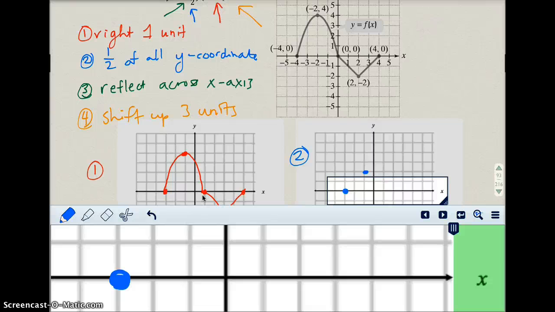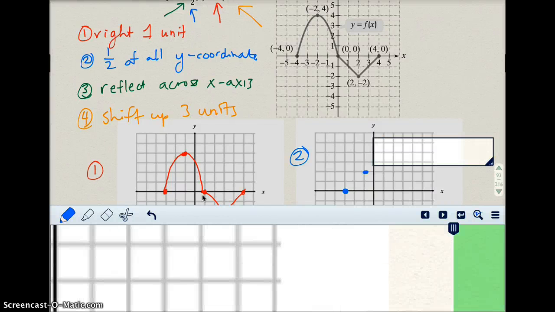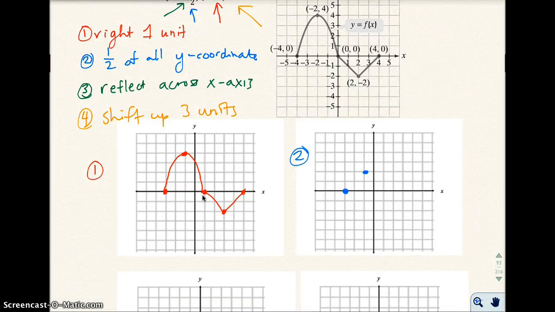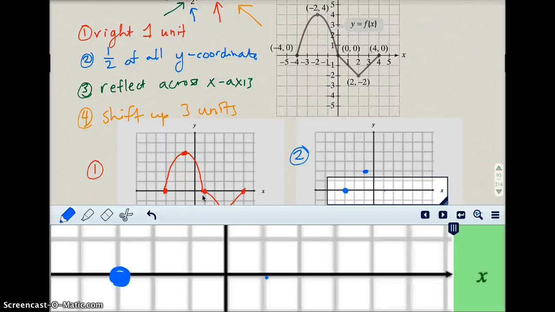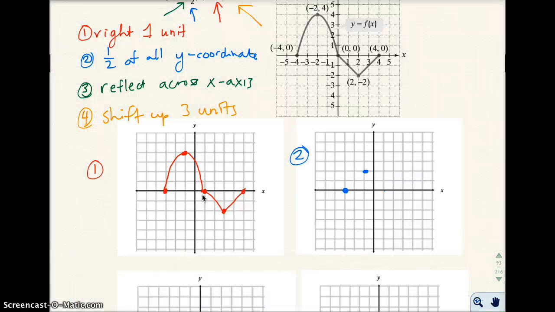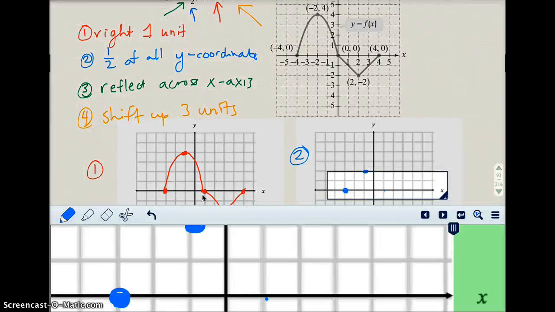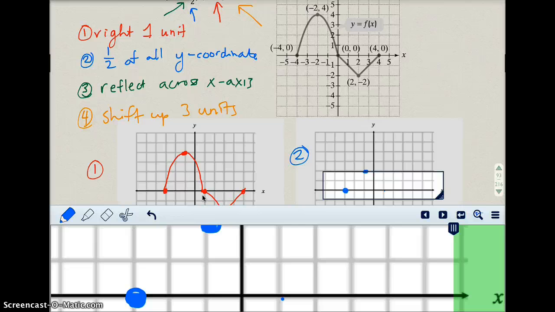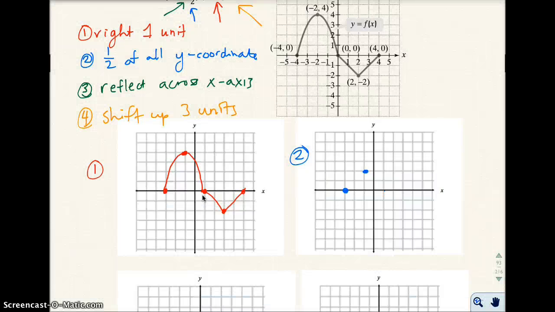Okay, my iPad's acting kind of weird, so there it is, right there.